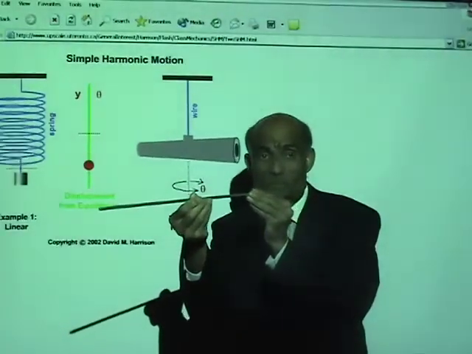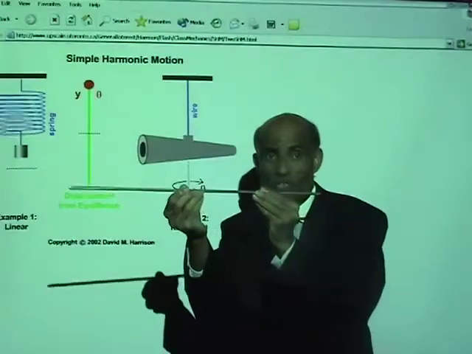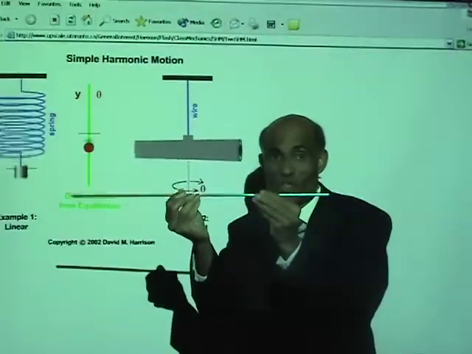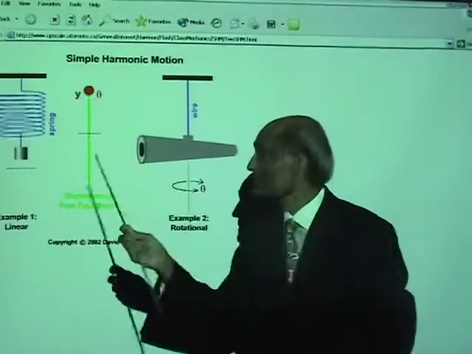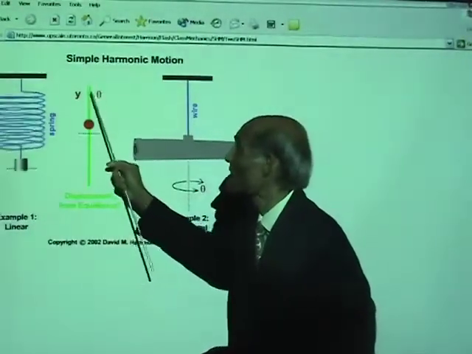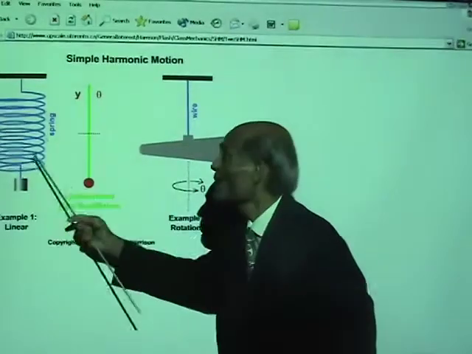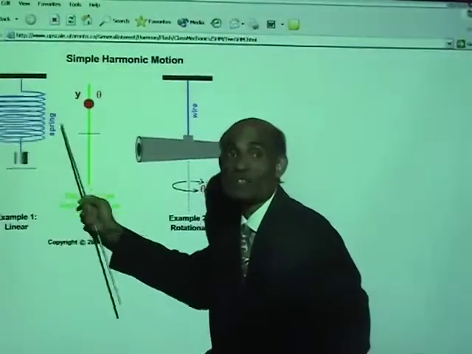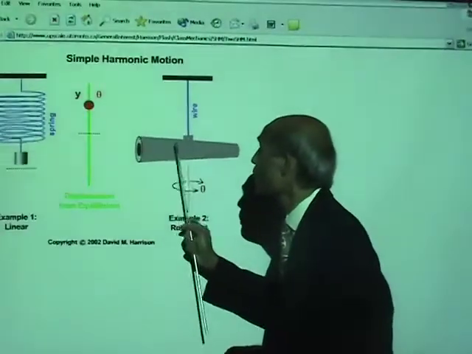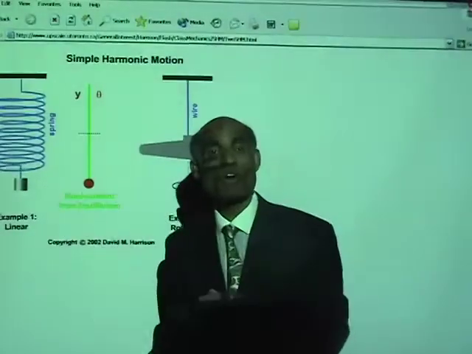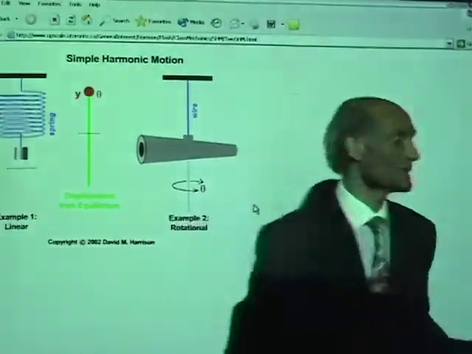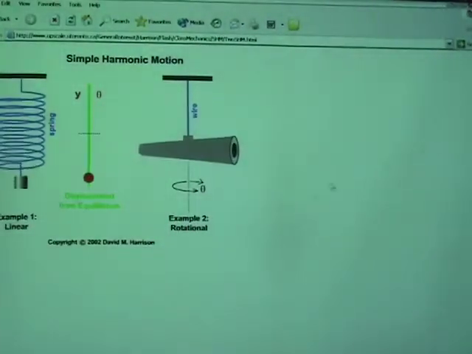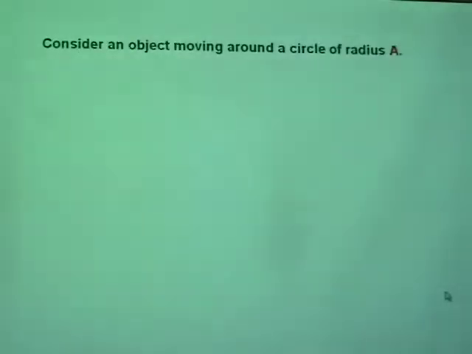Theta increases to a maximum and then decreases to 0, decreases to a minimum, and then increases the same way as y changes. So y for this kind of oscillation and theta for torsional oscillation follow the same kind of change. Alright, let's go and look at another example. Let's look at this.